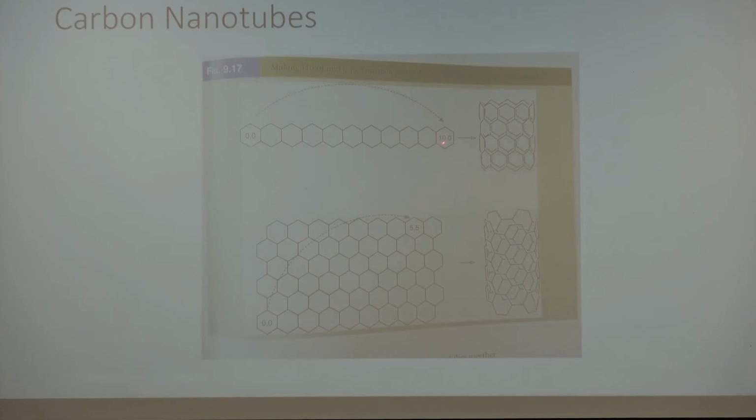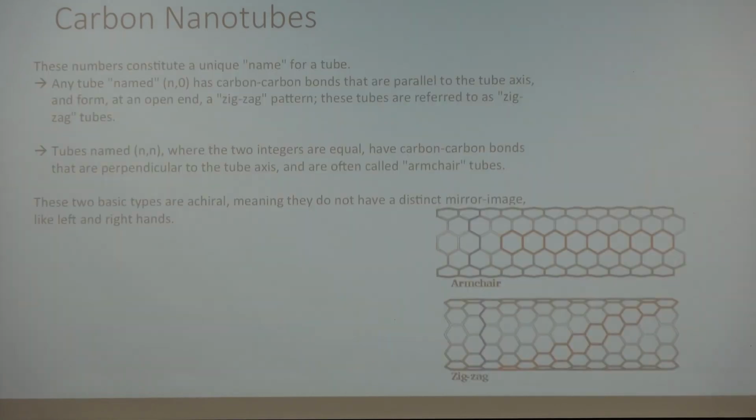So a 10-0 carbon nanotube, where this carbon essentially replaces this carbon to loop it on itself, would have a different structure than if we had gone from 0, 0 to 5, 5, right? And so this nomenclature, NM, constitutes a unique name for the tube, right?